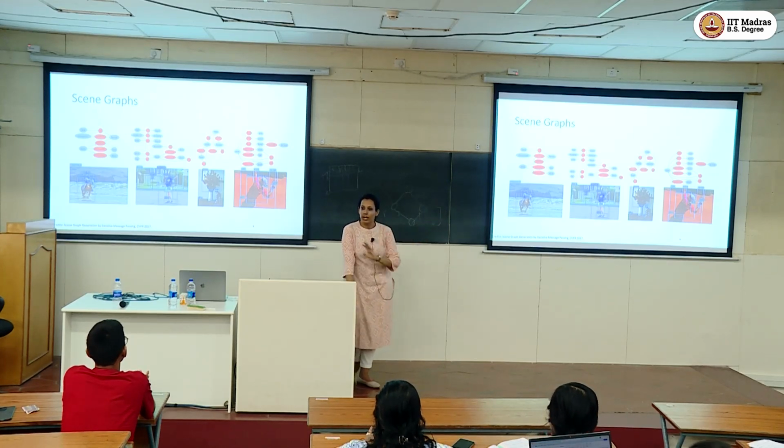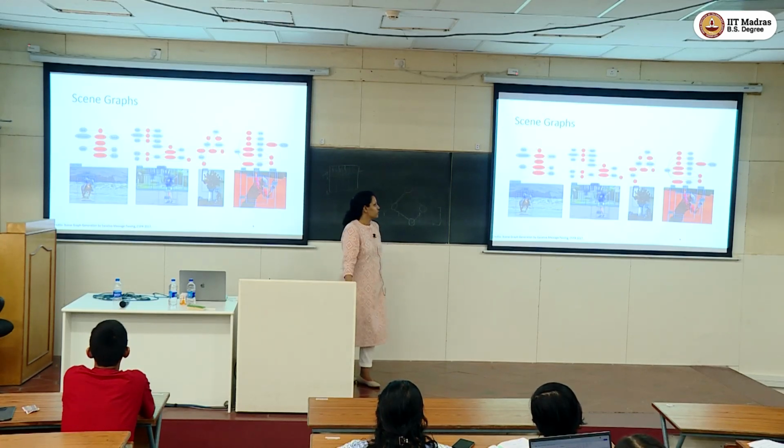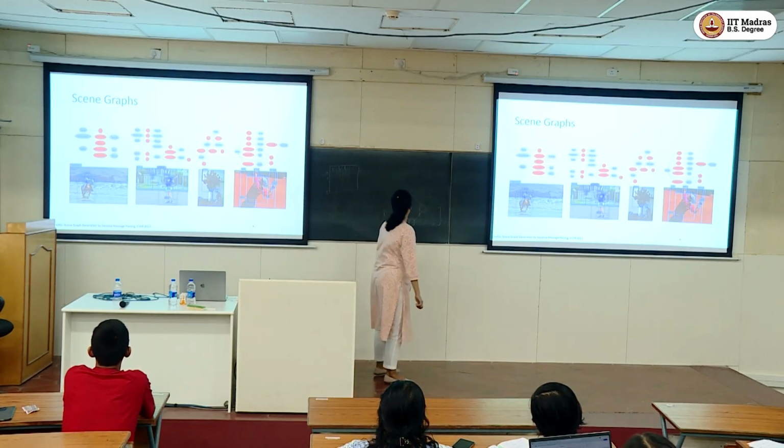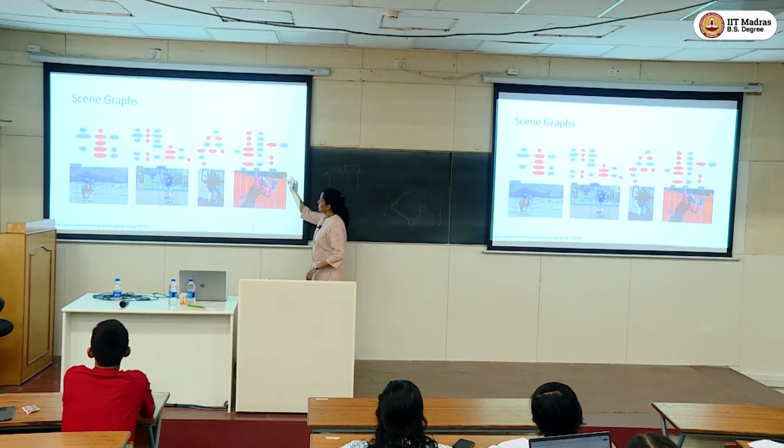One way is you find whatever objects are in the image. You do object detection so that you get bounding boxes. Now, based on the overlap of the bounding boxes, can you make a graph? Let's see this example. There is a man, which is a bigger bounding box.